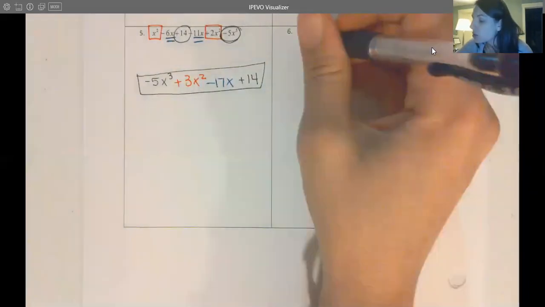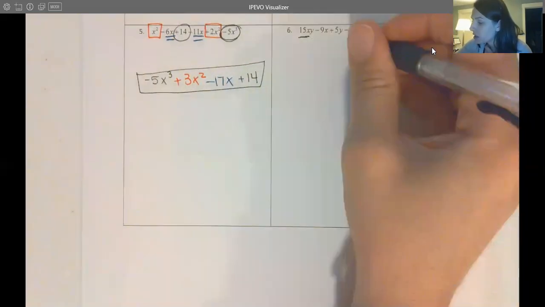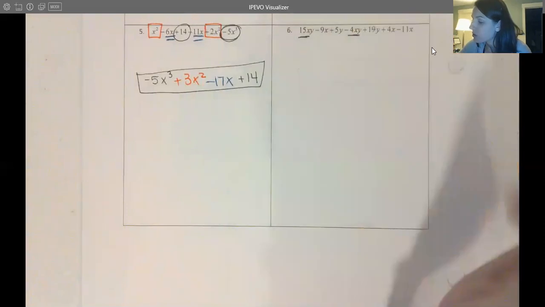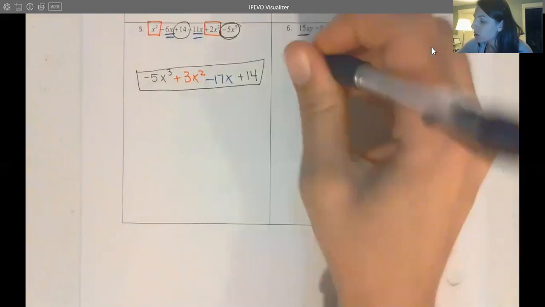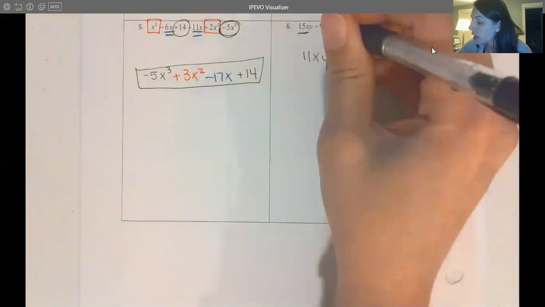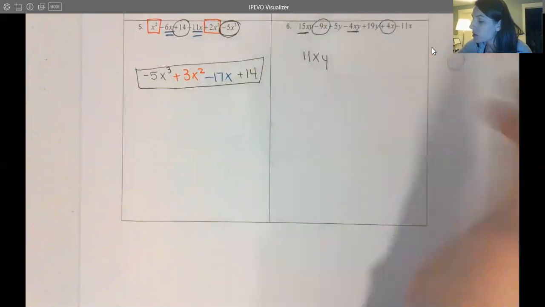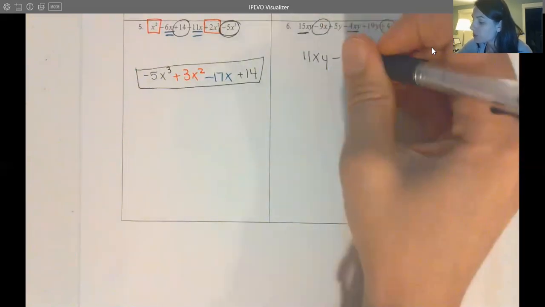So first term, this xy, can be combined with this xy, they're like terms. So 15 take away 4 gives me 11xy. This -9x can be combined with this positive 4x is going to give me -5x.